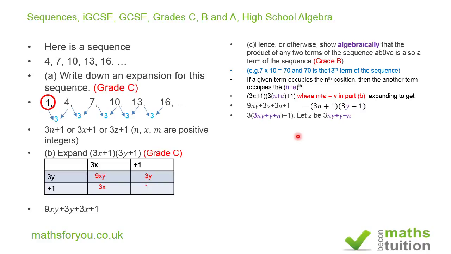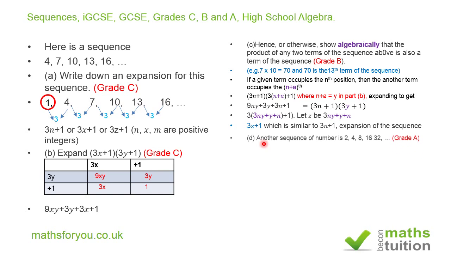If you then say, let z be 3ny plus y plus n, so we end up with replacing this bit here with z, we end up with 3z plus 1, and that's similar to 3n plus 1. So now we've shown that if we multiply any two terms, we're going to get a term in the sequence. So 3z plus 1 is very similar to 3n plus 1. So for that, we get 3 marks. And I think this is a difficult question.